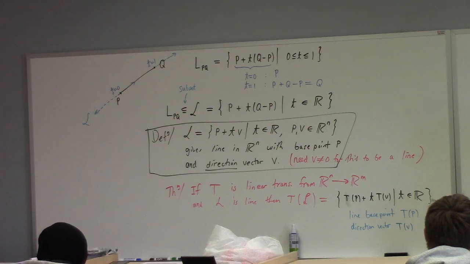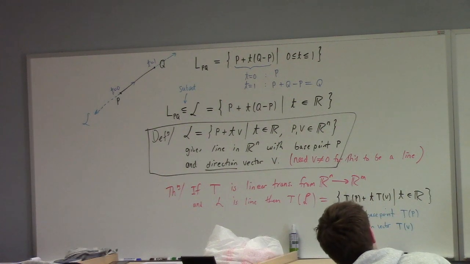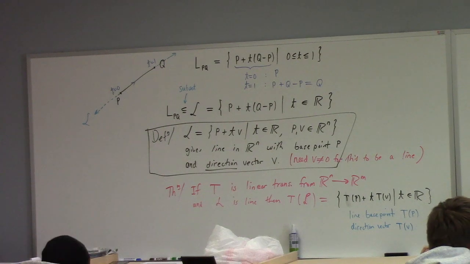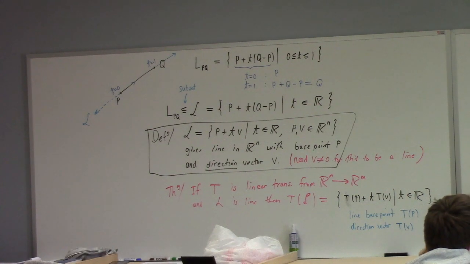And we'll look at T of (x,y) equal to 2x minus 2y and then x minus y.